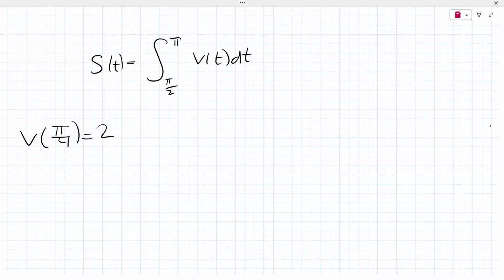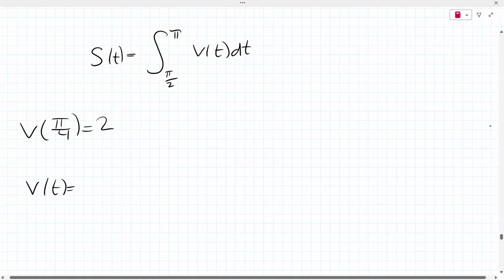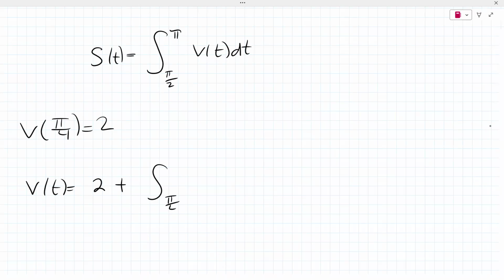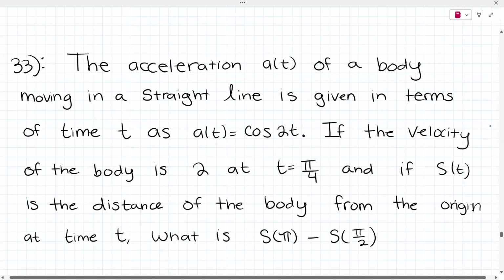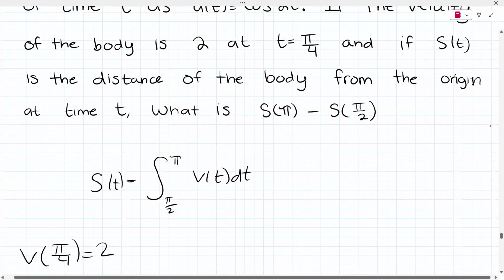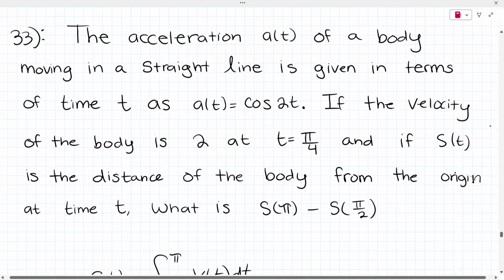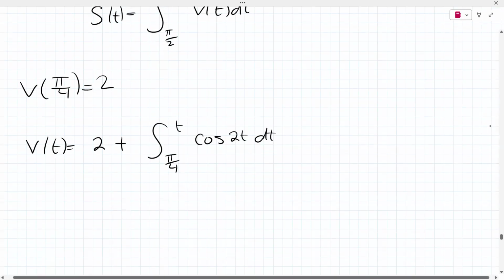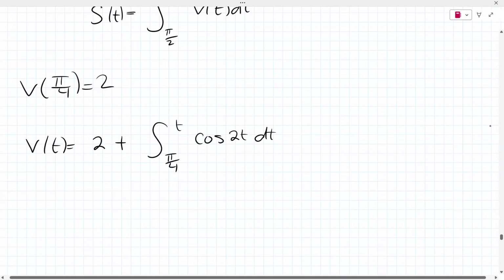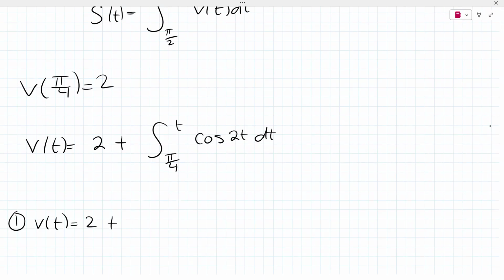So that means your v of t is 2 plus the integration from pi over 4 to t of a of t, which is cosine of 2t. And then we can simplify this. Yeah, let's find v of t. So this is 2 plus, and then what's the integration of cosine of 2t?